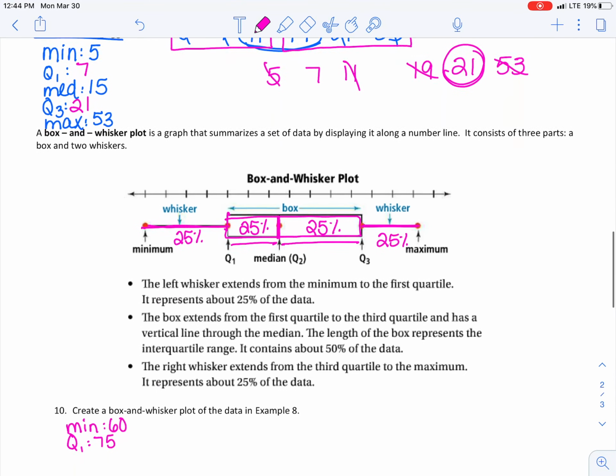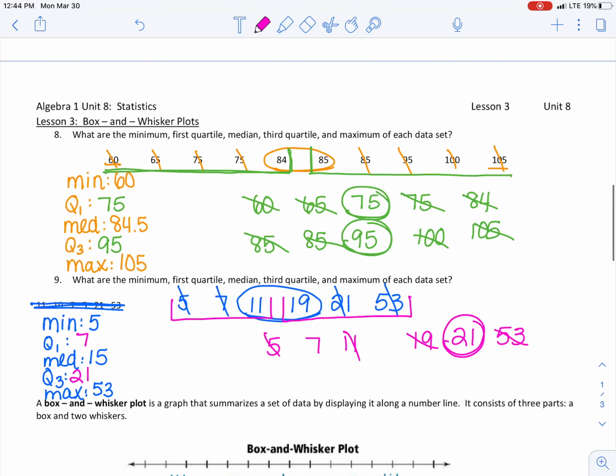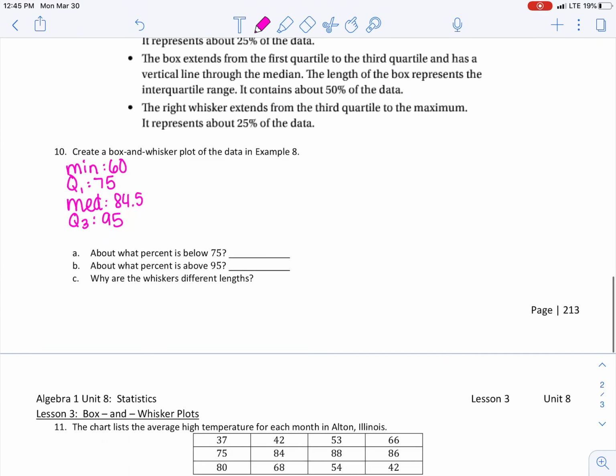Yes, a median of 84.5. A Q3 of, I want to say it was 95, but let me check. Yep, and a maximum of 105.